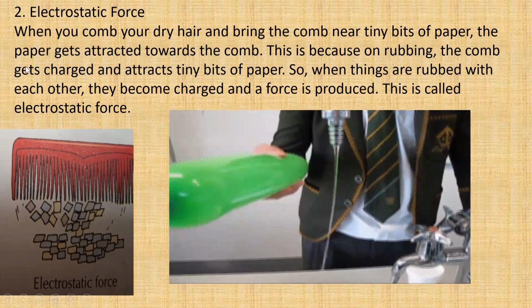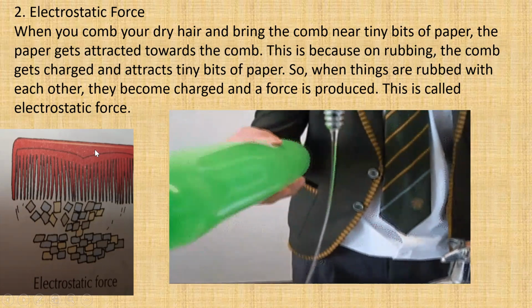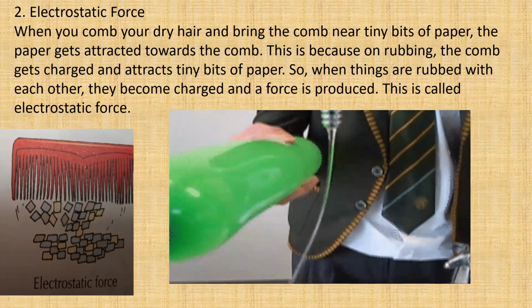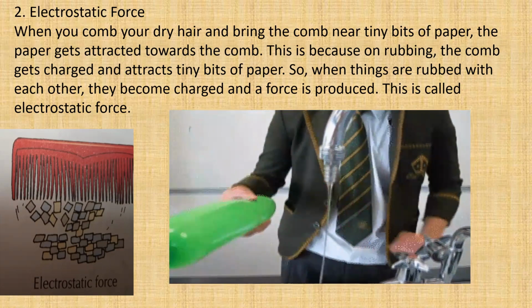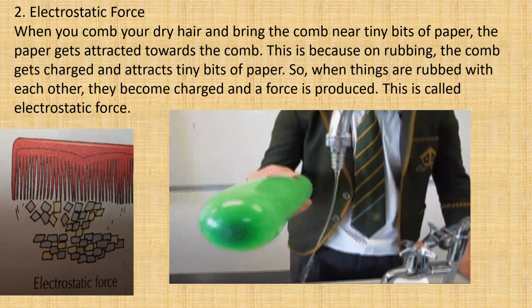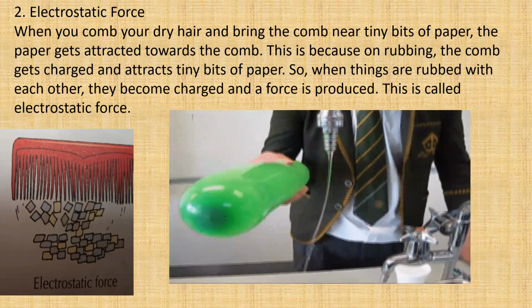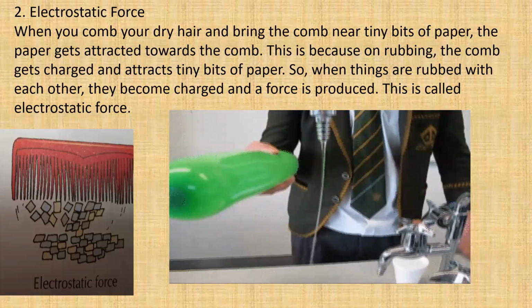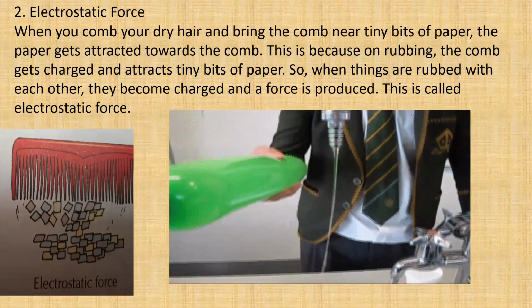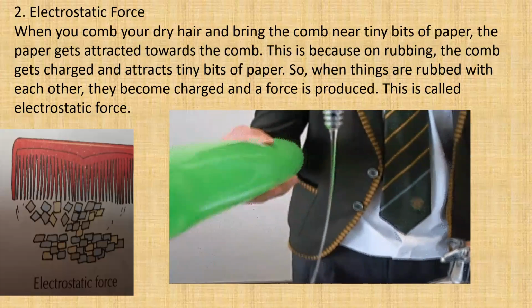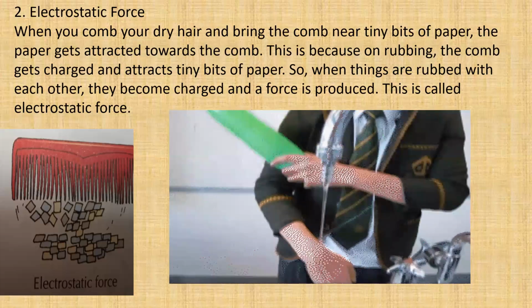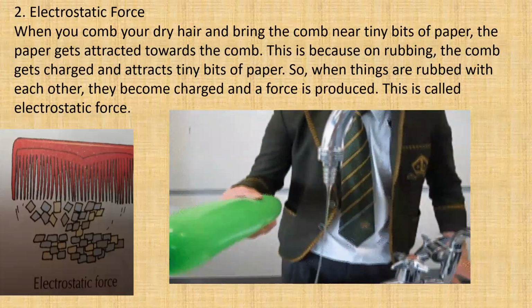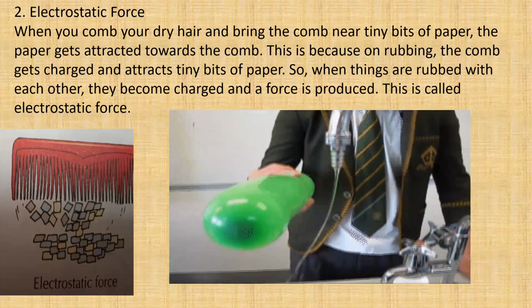So electrostatic force: when you comb your dry hair and bring the comb near tiny bits of paper, the paper will be attracted towards the comb. By rubbing the two objects against each other, the charges will be transferred, and a force is produced, which is known as electrostatic force.